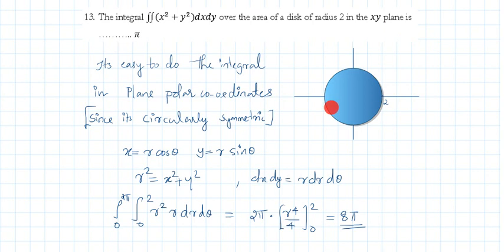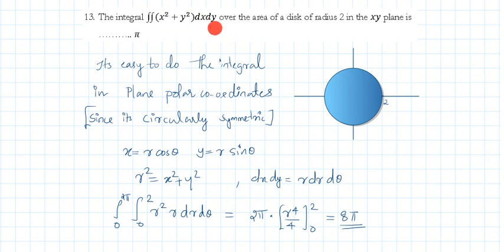Due to the circular symmetry of this problem, we can use plane polar coordinates instead of Cartesian coordinates. If it is a planar or rectangular symmetry, you can use Cartesian, but if it is a circular symmetry, you can use plane polar. So x is r cos theta, y is r sin theta. R square becomes x square plus y square. You can replace this x square plus y square with r square.